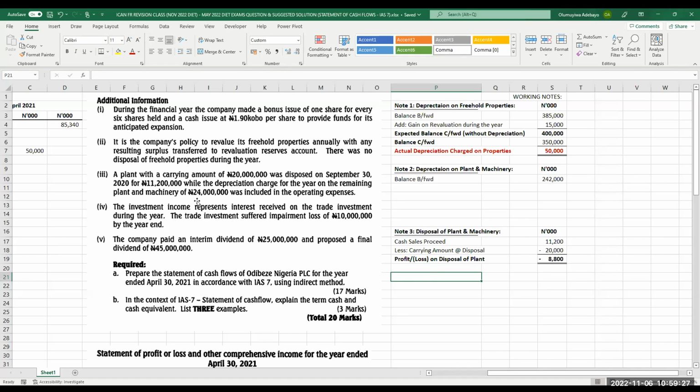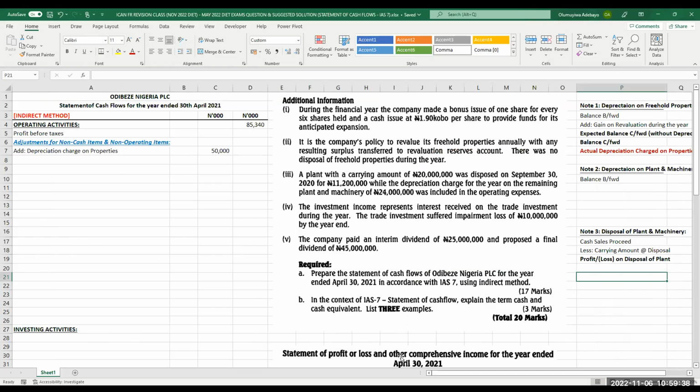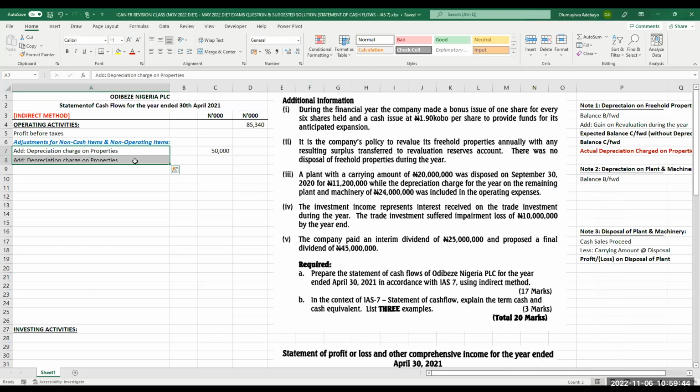Now, we're also told that the depreciation charge for the remaining plant and machinery is 24,000 and is included in operating expenses. Which means I don't need to work that one out like I was trying to do before. That has been done for us. It has been computed for us, so I'll just insert it. That's how much? 24.